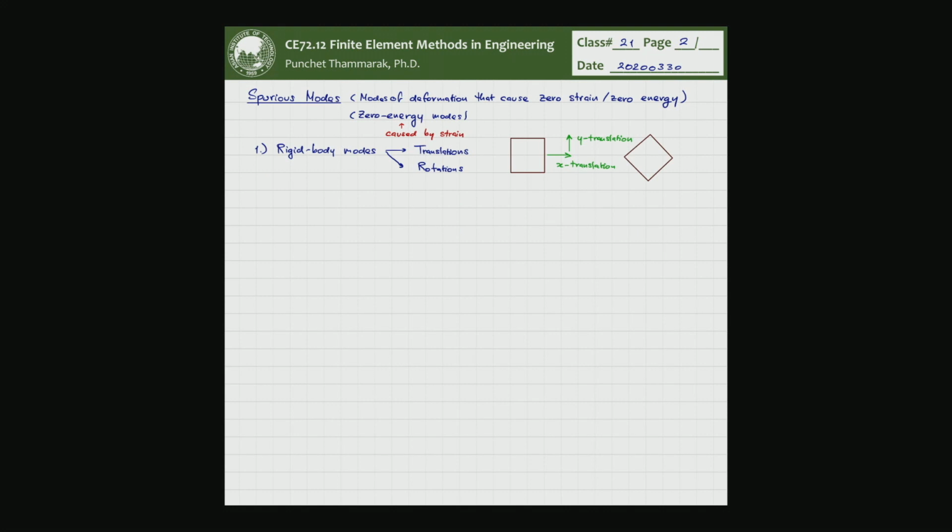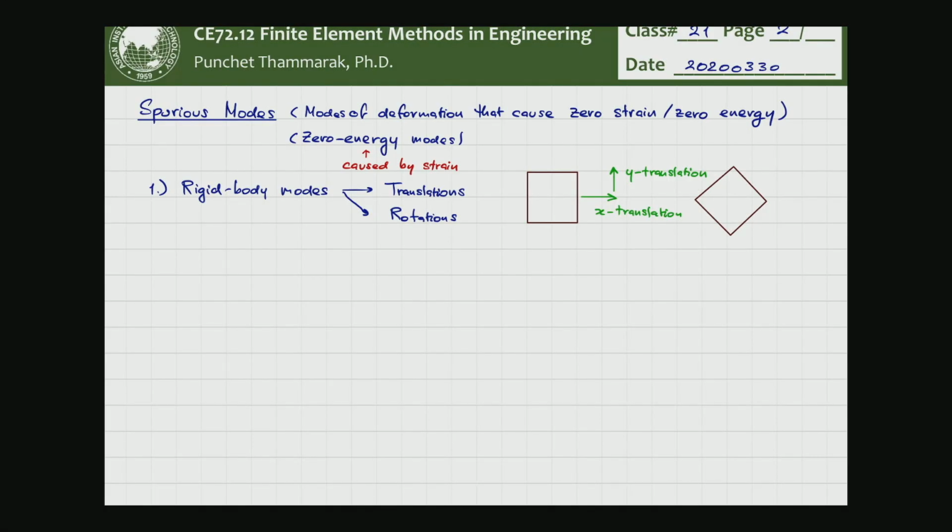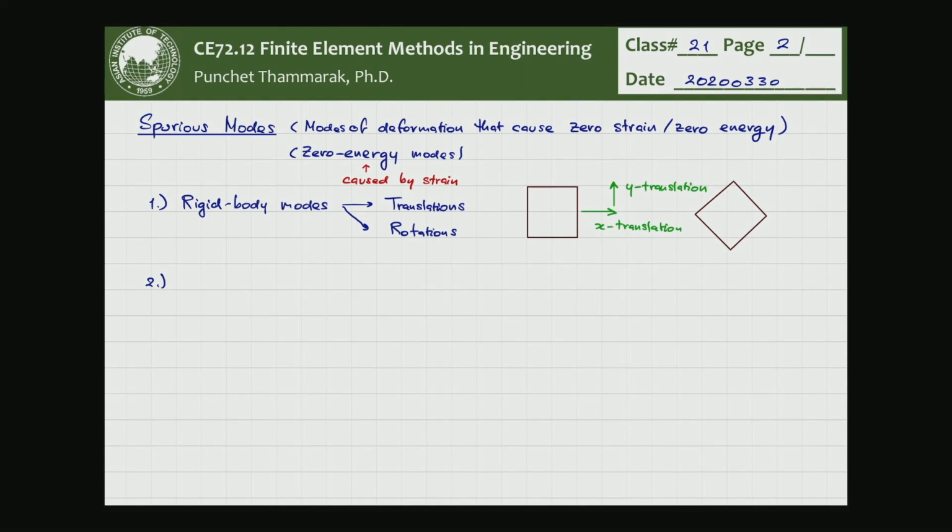So that's the first thing. The second thing, we also have the zero energy mode, that you might find the change of the shape of the element. For the rigid body, you find that the element is just identical to the element before the analysis, so identical to the original configuration. But the matter of fact is that the element is not staying at the place it used to be before.